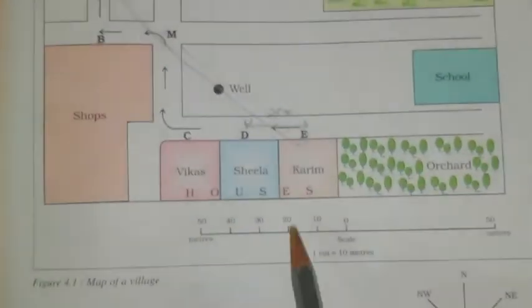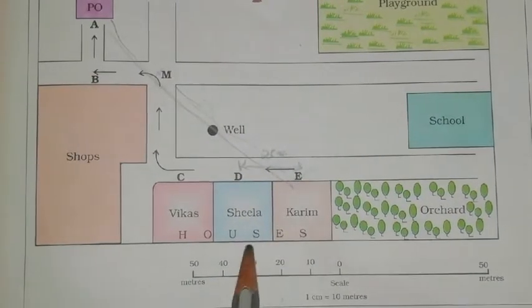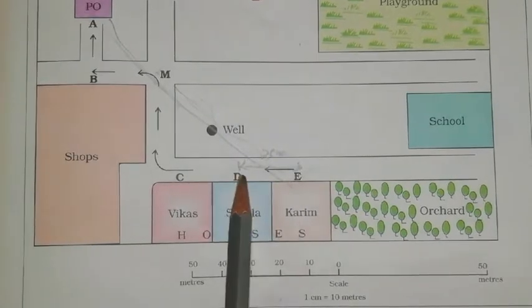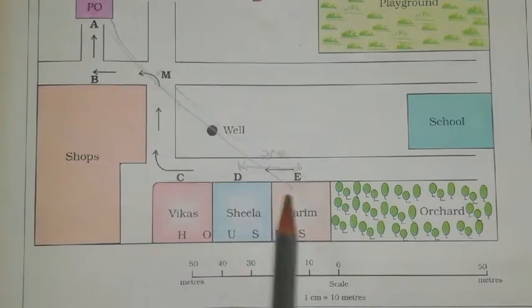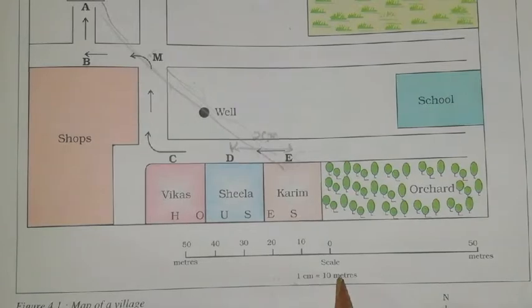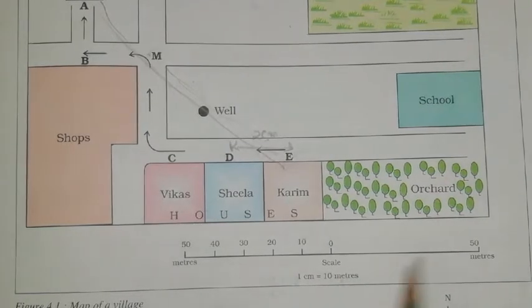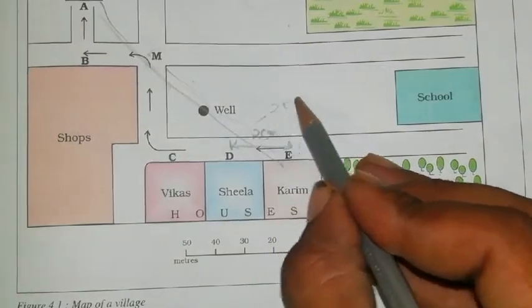Actual distance means the real distance. From Kareem's house to Sheila's house, the distance on the map is 2 centimeters, but the scale is 1 centimeter equals 10 meters, then the actual distance from D to E will be 20 meters.